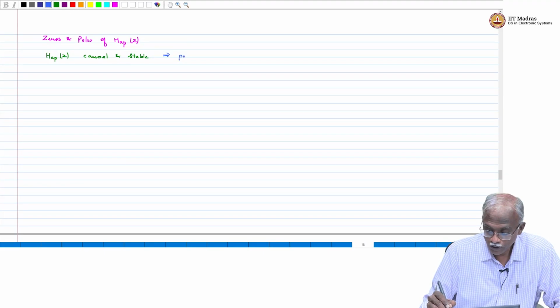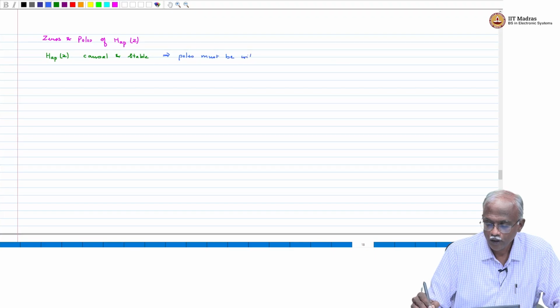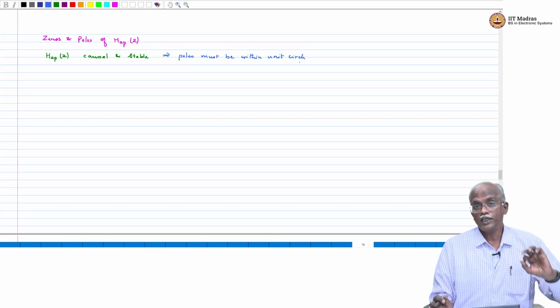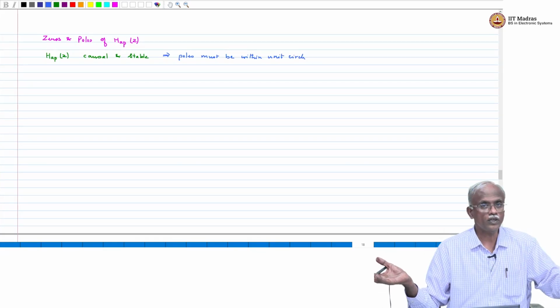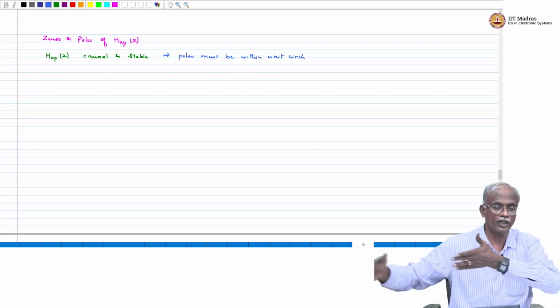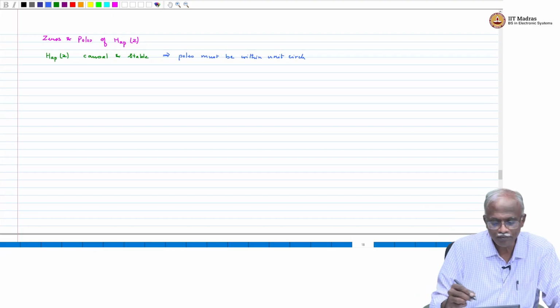All the poles must be within the unit circle. Okay, and typically in a transfer function, the poles and zeros are not necessarily connected. I mean, you can have a set of poles and zeros at different locations.